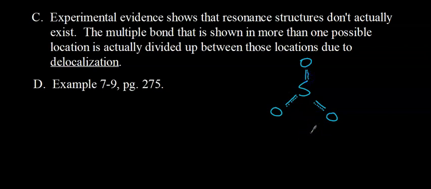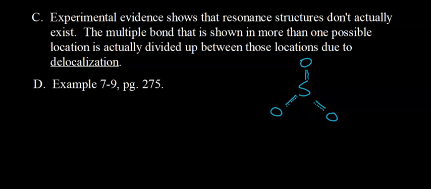Those delocalized electrons are often shown with a dotted line. So they're not permanently here or permanently there. They're moving around within this molecule. So same for any molecule that has a double bond that can occur in more than one place in the molecule.